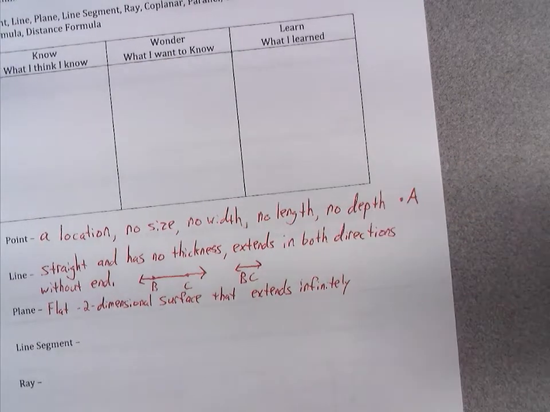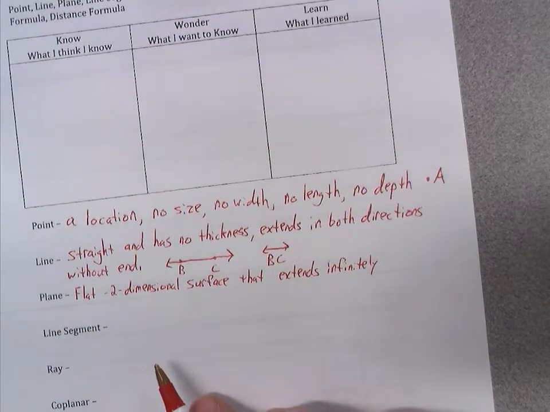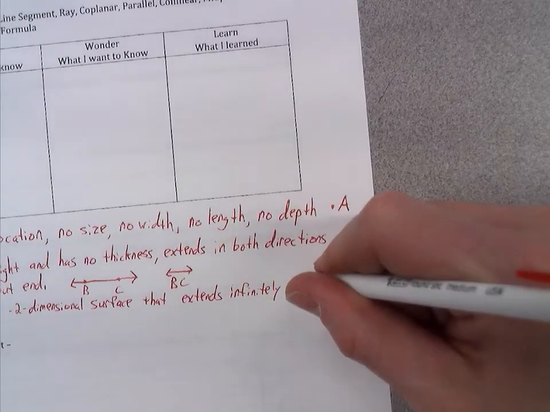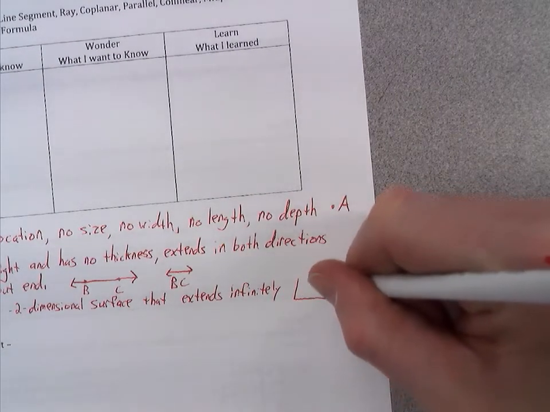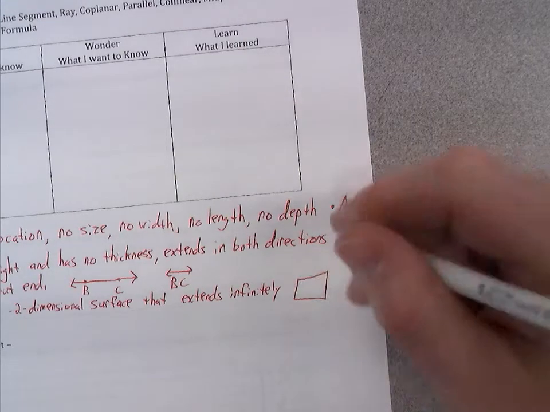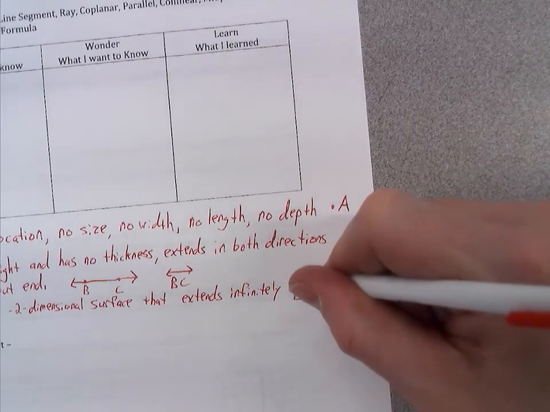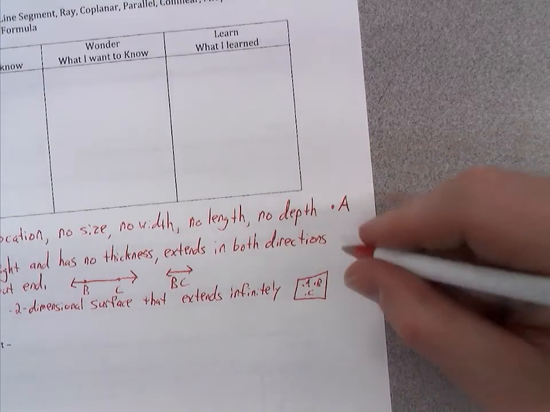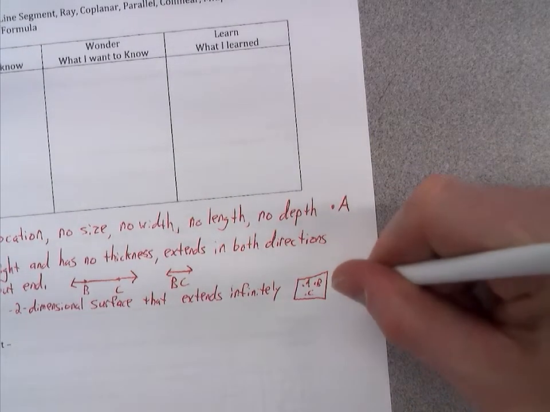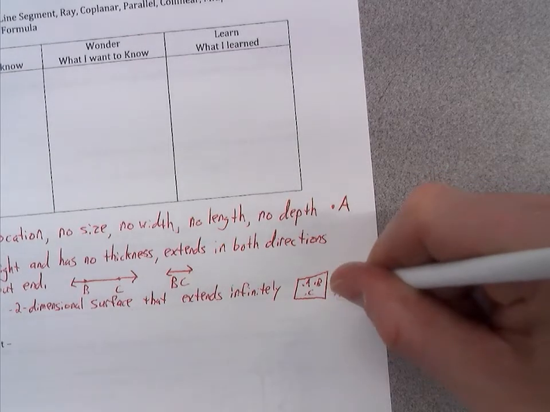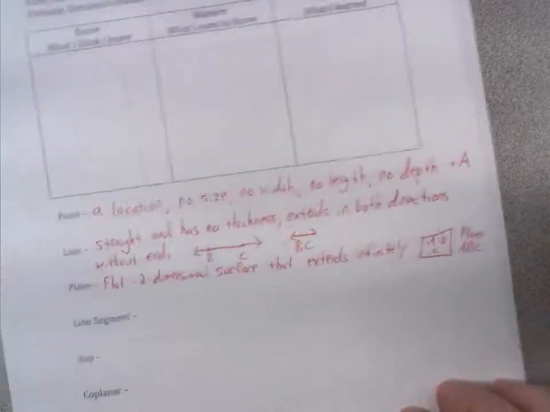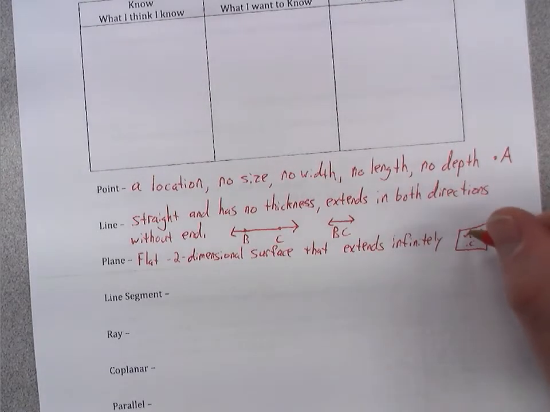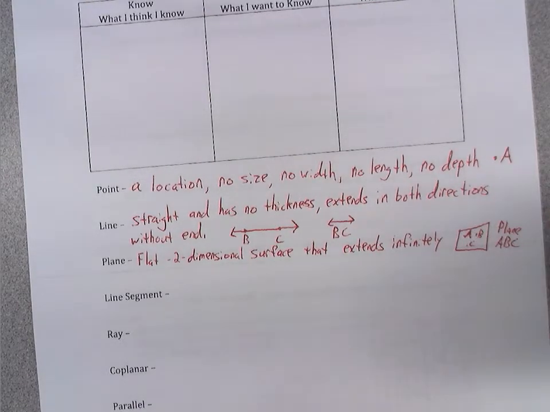Okay, so flat two-dimensional surface that extends infinitely. So we could, for example, have a plane like this, again with some points on it, A, B, C, and so we would have plane ABC. Okay, so there's a good example of a plane.